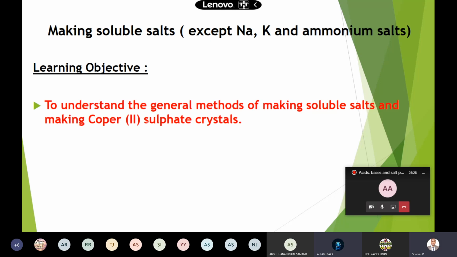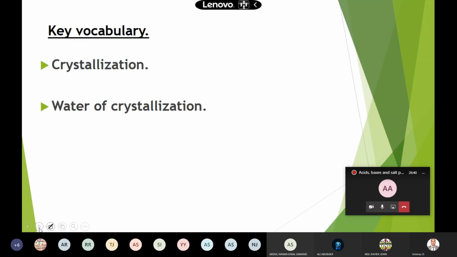So what are the general methods in order to make a soluble salt? I presented everything in a beautiful way, so you need not worry. Before this, you can test for crystallization. Have you ever seen crystallization in your daily life?